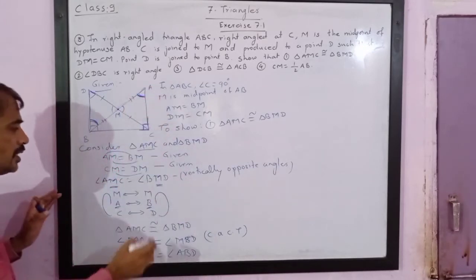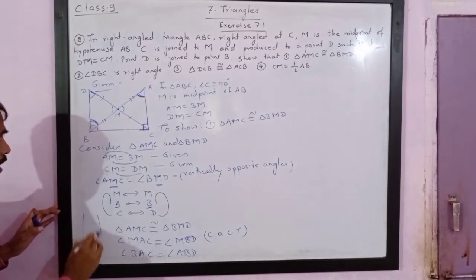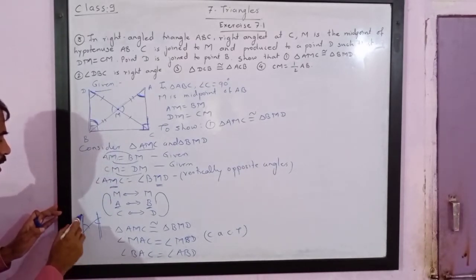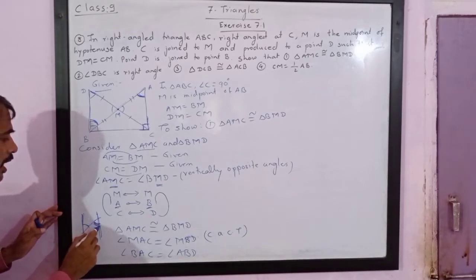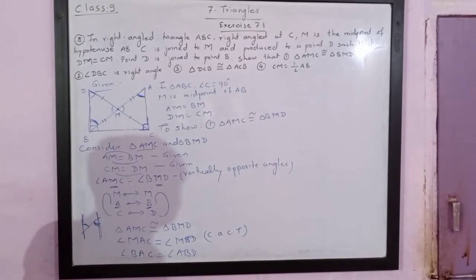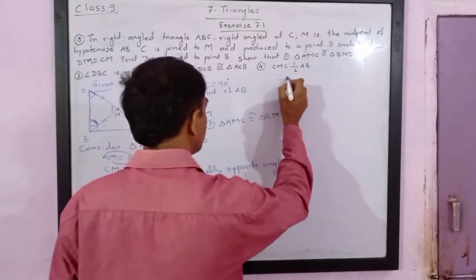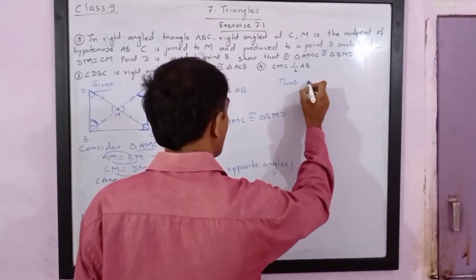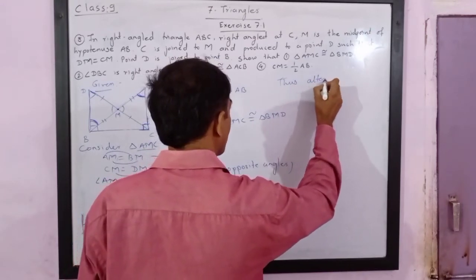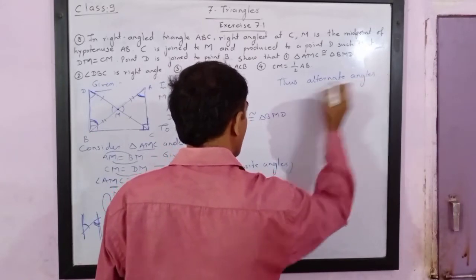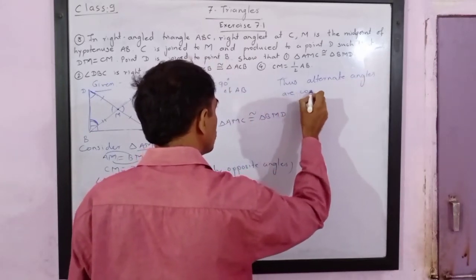You can see these are two lines and these form alternate angles. Since alternate angles are congruent, it means the lines are parallel. Thus alternate angles are congruent.